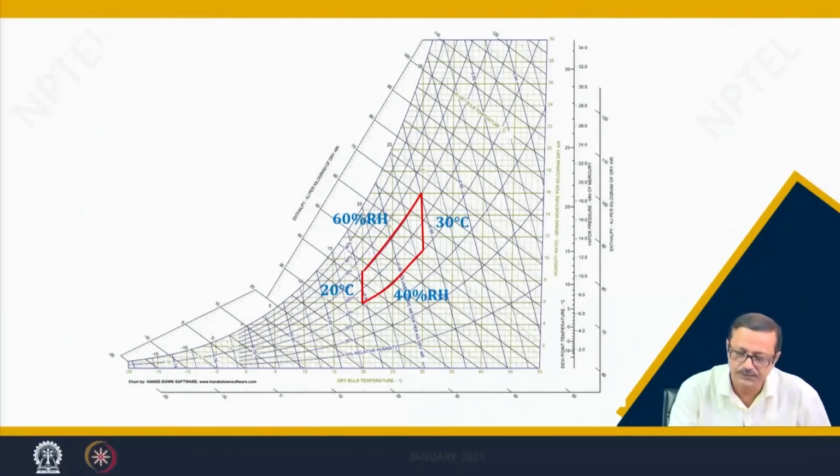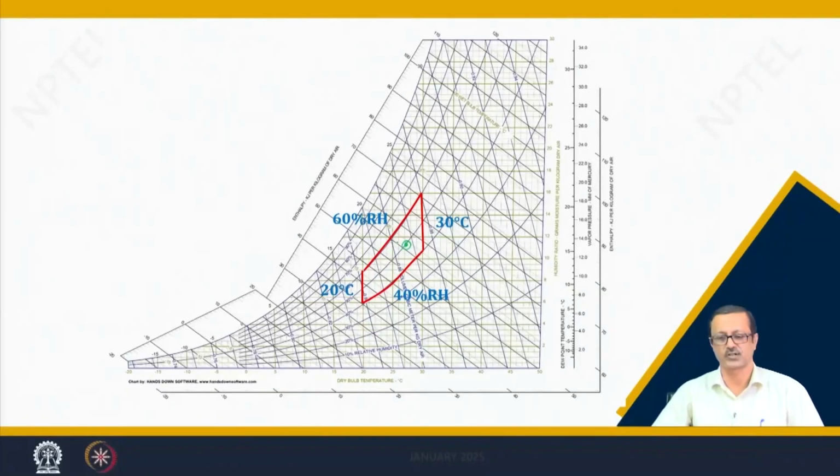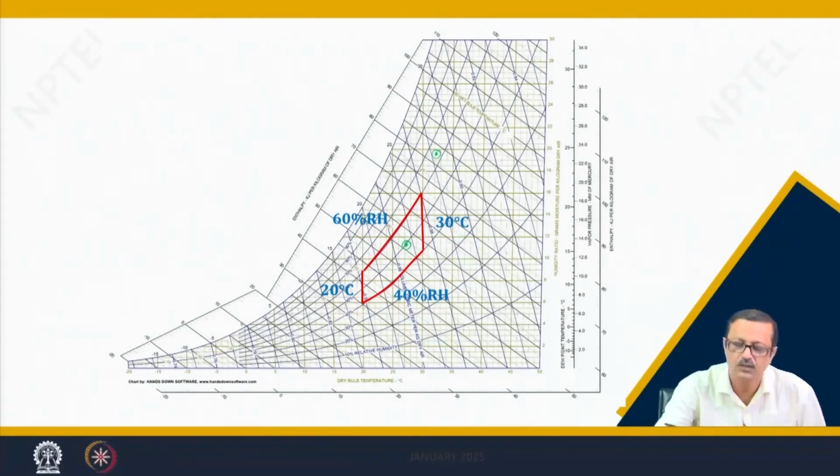Within this bounded area, any combination of dry bulb temperature and relative humidity will satisfy the thermal comfort condition. Let us assume that. Anything outside this area will not be considered, for example a temperature lower than 20 degrees.